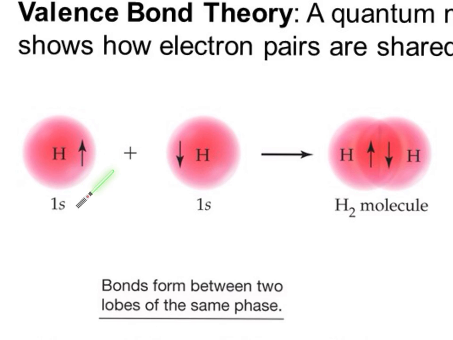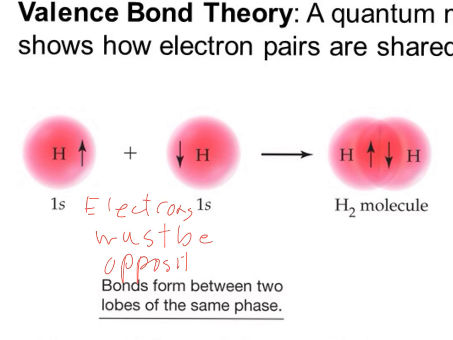If these two hydrogen atoms are to bond, they have to have electrons of opposite spins. Why must the electrons be opposite spins if they're to form a bond? Well, what's a bond?